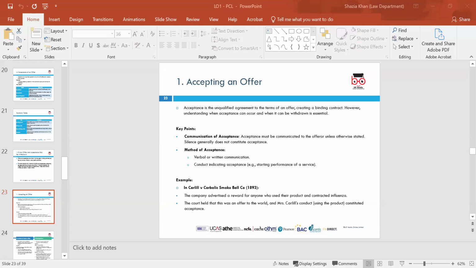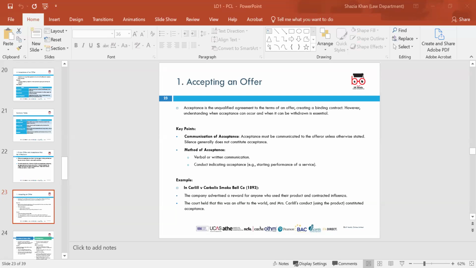In the case, the defendant, the Carbolic Smoke Ball Company, placed an advertisement in a newspaper for their products, stating that any person who purchased and used their product but still contracted influenza, despite properly following the instructions, would be entitled to a £100 reward. The advert further stated that the company had demonstrated its sincerity by placing £1,000 in a bank account to act as the reward.